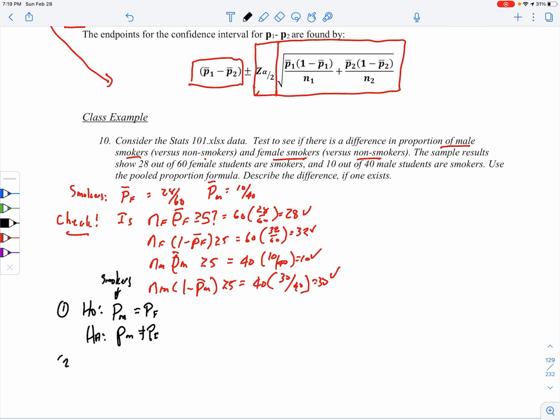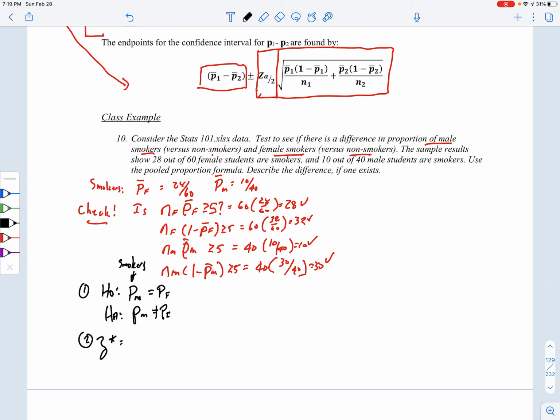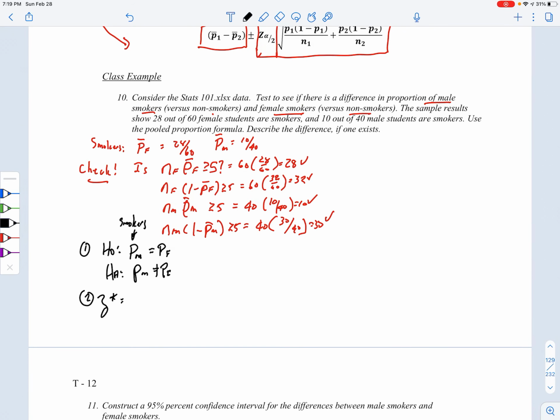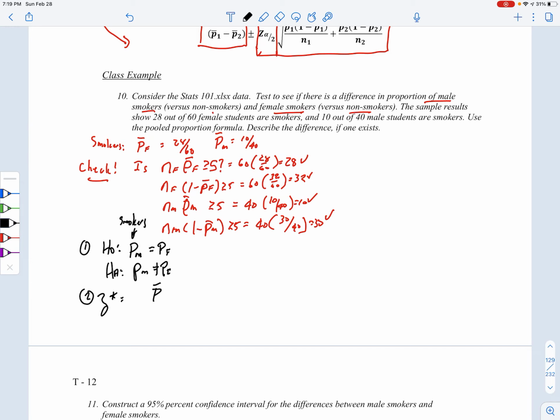And so then we do our check, and what happens is we end up with a Z formula that looks like this. And we'll use the one which is the P bar of M minus the P bar of F, over, and then we use that pooled or combined P bar times 1 minus the pooled one.